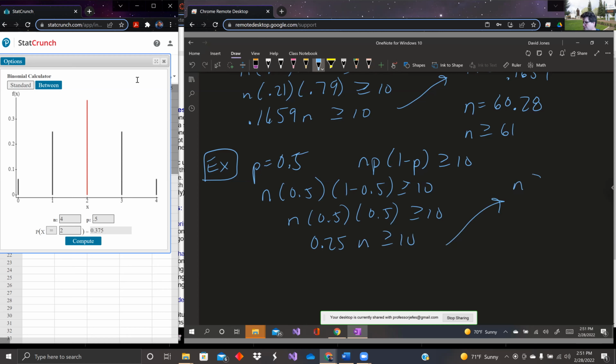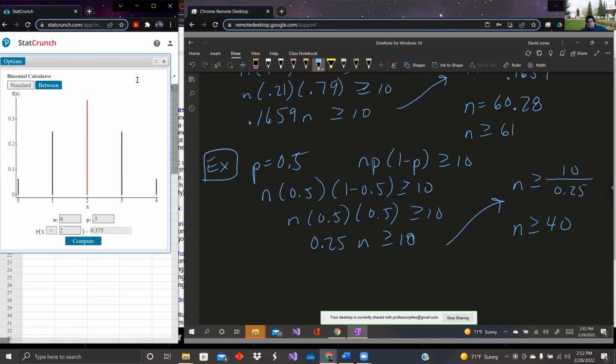So I get n is greater than or equal to 10 over 0.25. N is greater than or equal to 40. In general, you want at least 40. P equals 0.5 is the most favorable condition. It has the lowest n. Anything above that is going to have a little bit higher.